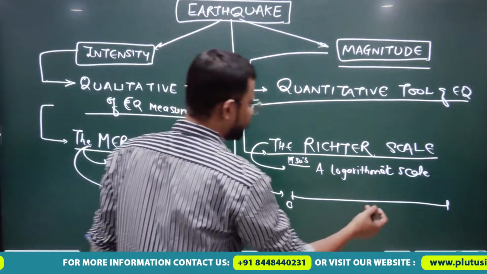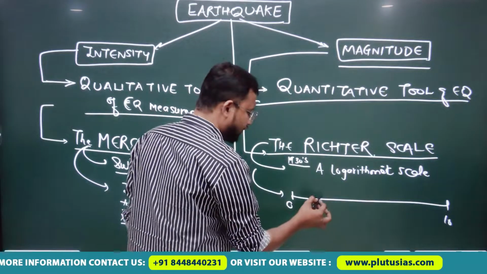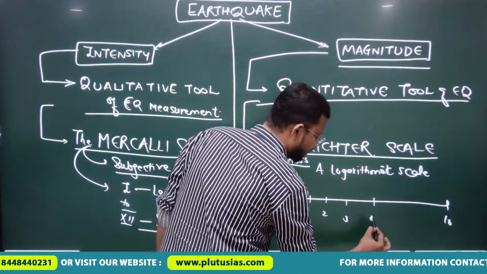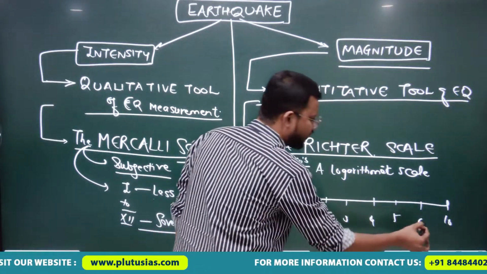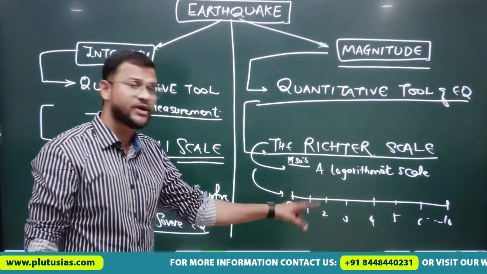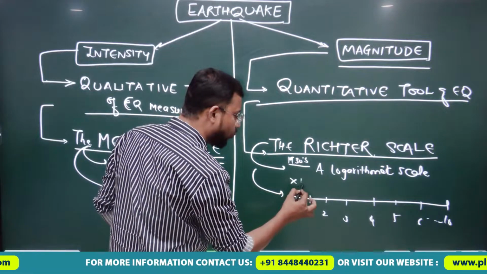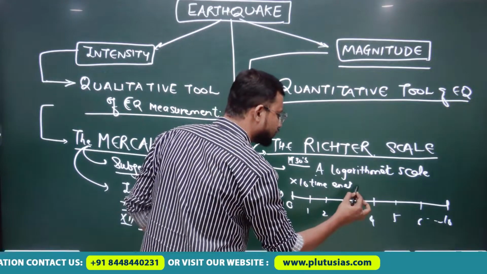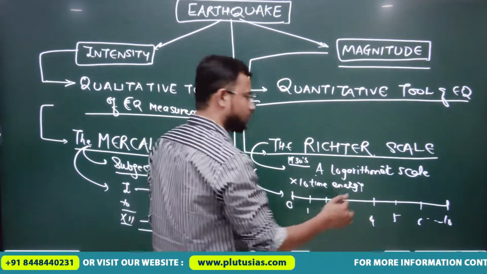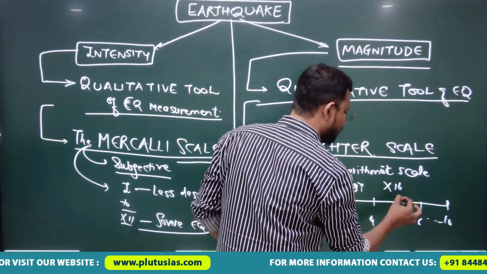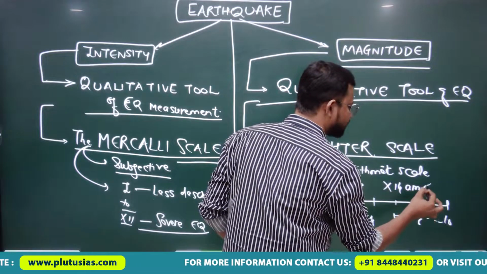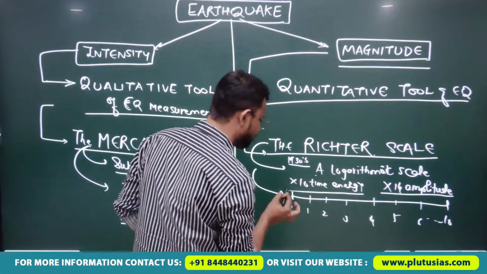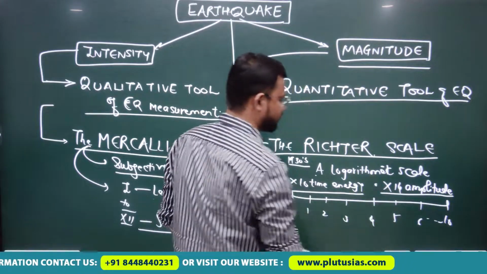So if you consider 0 to 10, every Richter scale number has 10 times more release of energy and 14 times amplitude than the last scale. 14 times amplitude, 10 times energy.